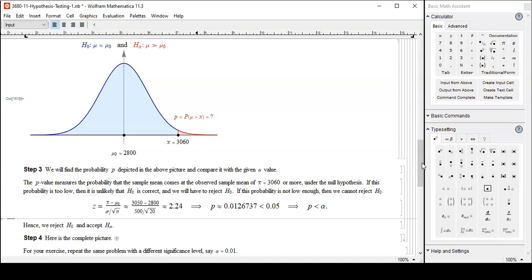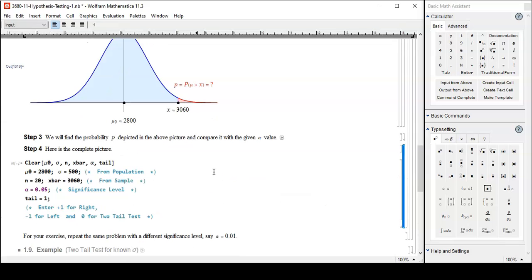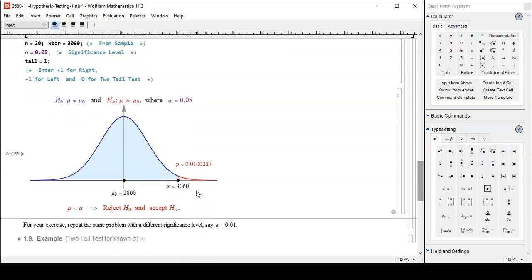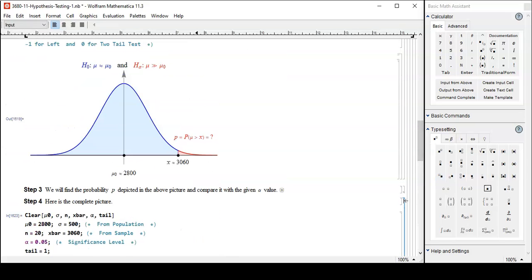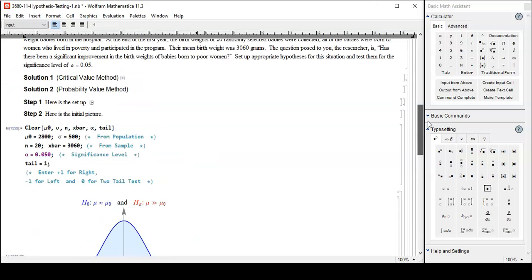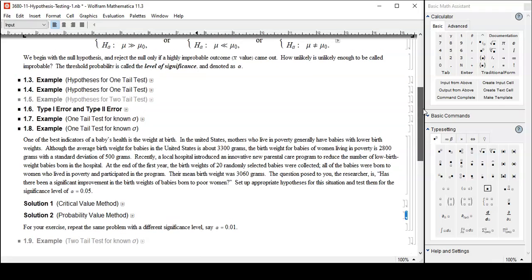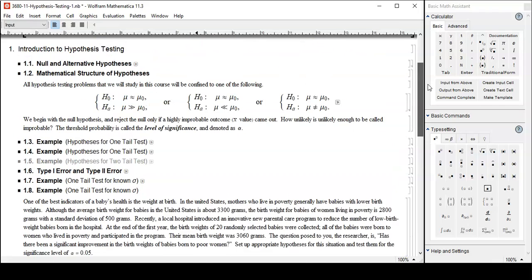But still, my preference is critical value approach. Anyway, here's a complete picture. Probability is pretty small, less than alpha, so reject the null and accept alternative hypothesis. Now let's go back to the critical value approach. The reason I'm going back to critical value approach again is because of my experience.